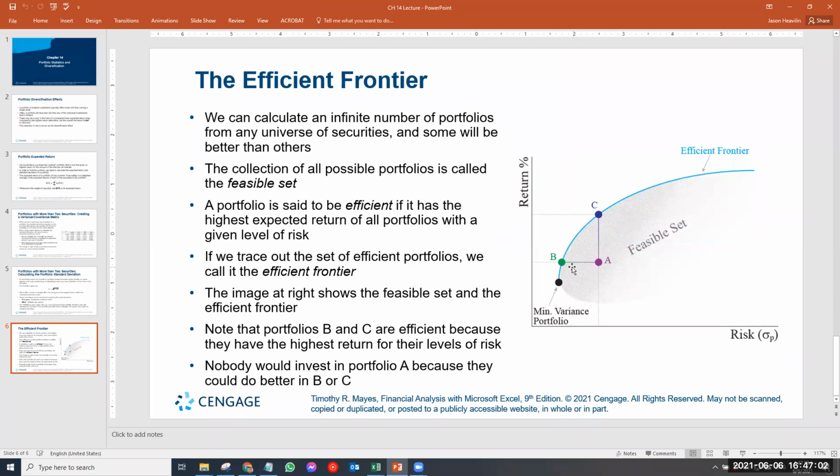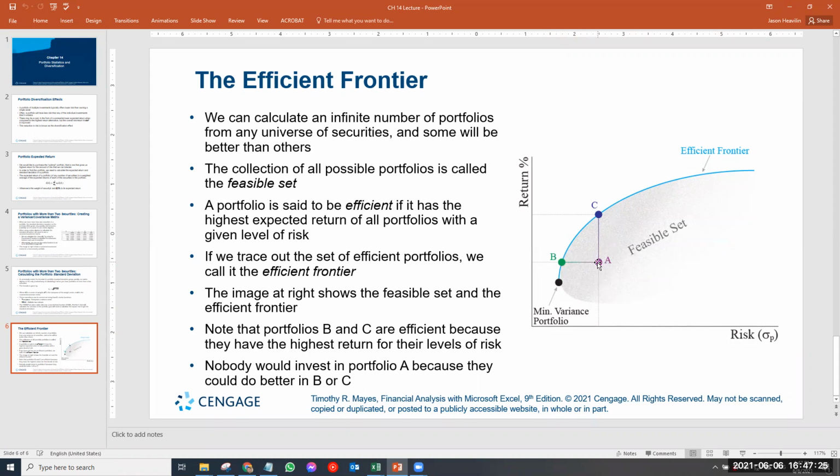So if I can get the same 5% for less risk, then I should choose portfolio B and build it that way. Portfolio A, it's possible you can build it, but it's inefficient because it's giving you the same return as portfolio B, but for a higher amount of risk. So it would be irrational to choose A over B.